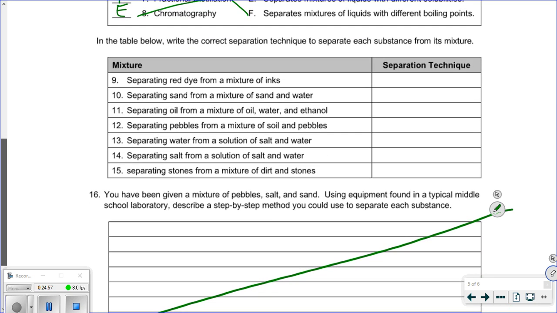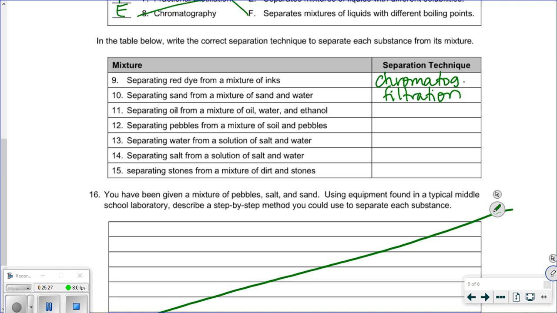So let's look at this. Which separation technique? If I want to separate red dye from a bunch of inks, that's chromatography. If I want to separate sand from sand and water, what do you think? Filtration. Separating oil from a mixture of oil, water, and ethanol.